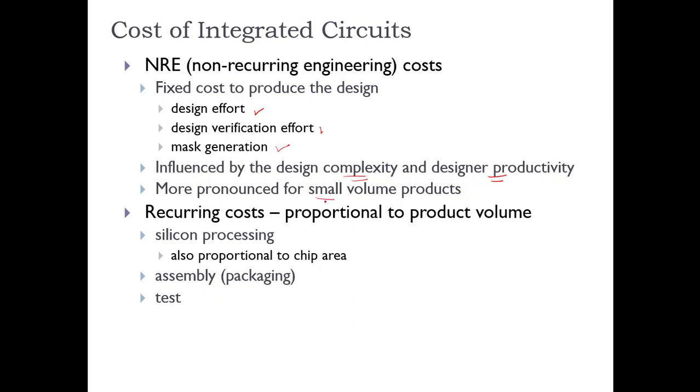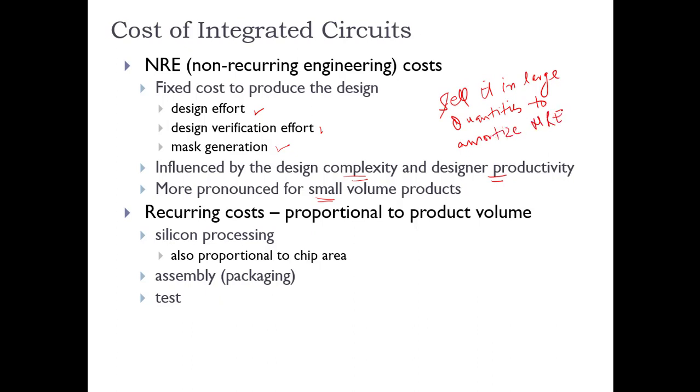And if you have small volume, the NRE cost goes up. So obviously that's why chip manufacturing is a hard business to do. If you want to make chips, then you want to sell them in large quantities to amortize NRE.